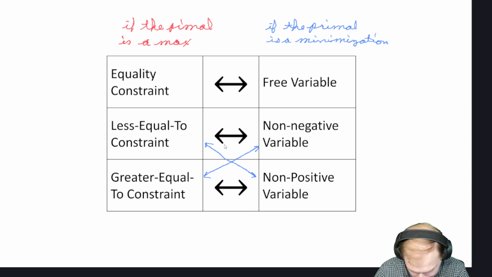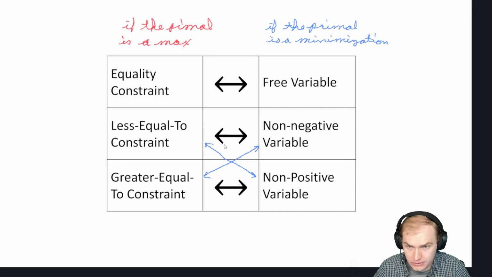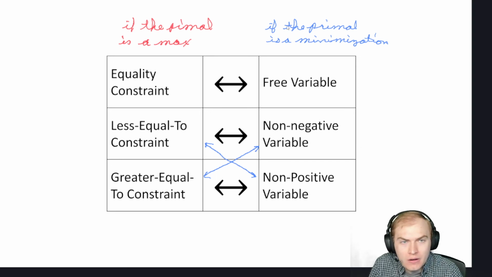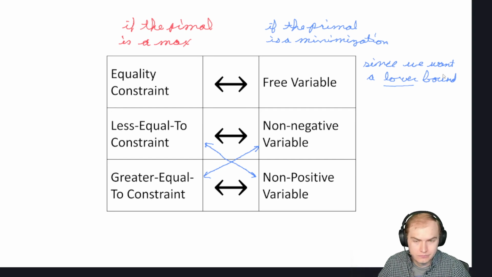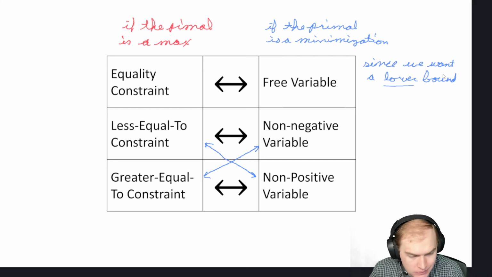Is that right? Yeah. Since we want a lower bound, so that's the dual.